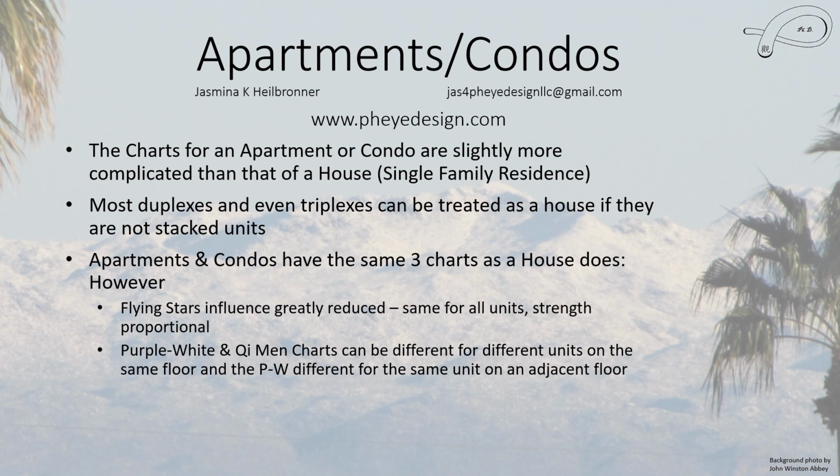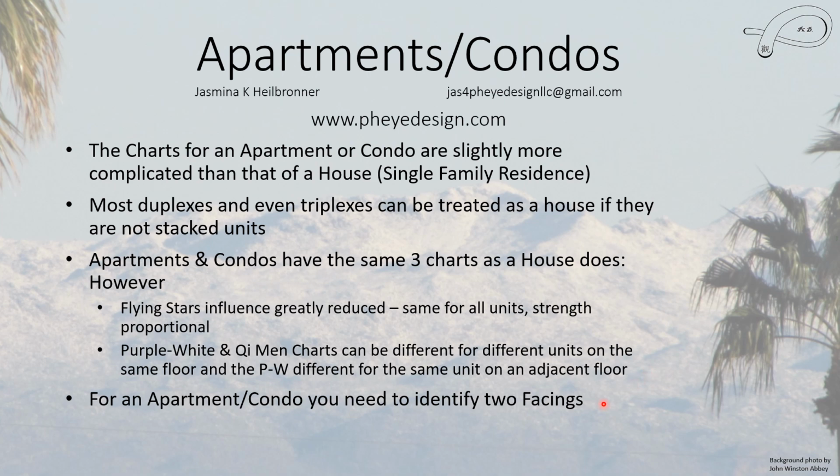They'll be identical. They even usually have identical windows. However, sometimes they do stagger them, and so they might also have different Cheeman charts. Depends on the details. But oftentimes, every apartment of a certain shape has the same Cheeman chart, but they will have different purple white charts.